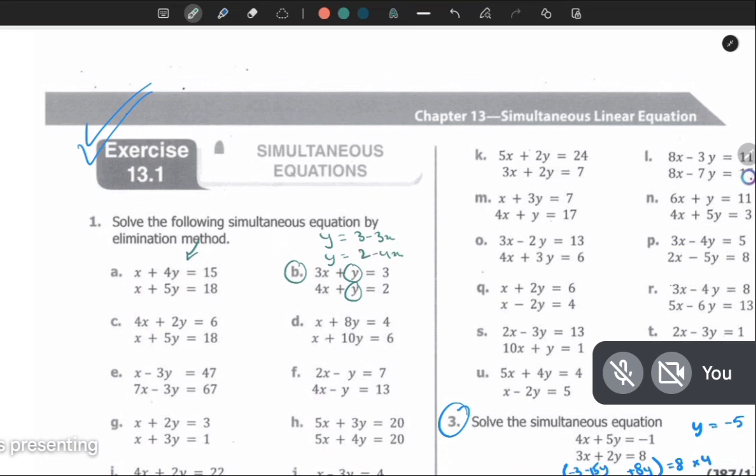Yes. Okay. Good. Now, what is the next step? अब हमारे पास दो values हैं जो कि y के equal है. So can we make these two equations equal to each other because they're equal to y? Yes. बताओ. So what will that look like?